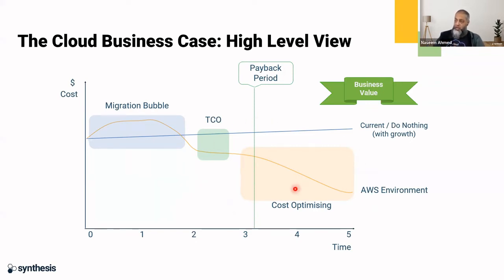How do we right-size the infrastructure? How do we utilize the correct services? Because managed services might provide a better service than the stuff that you've built manually. And the biggest thing is what is the business value that you're going to achieve from this? What are the intangible benefits of moving to the cloud?